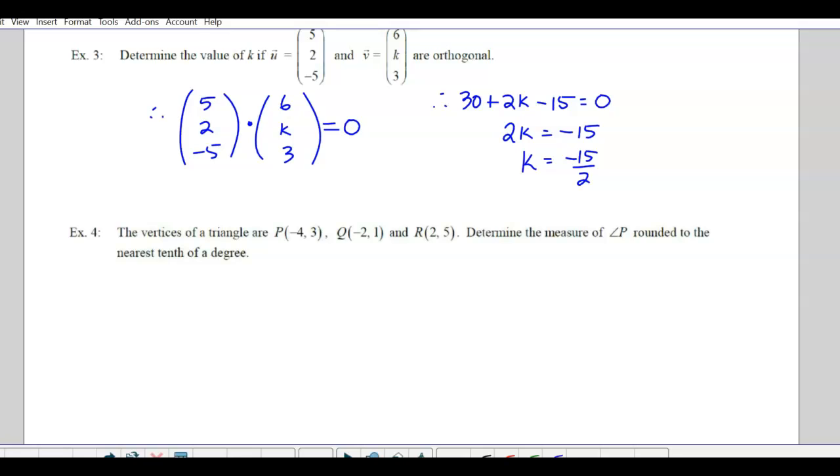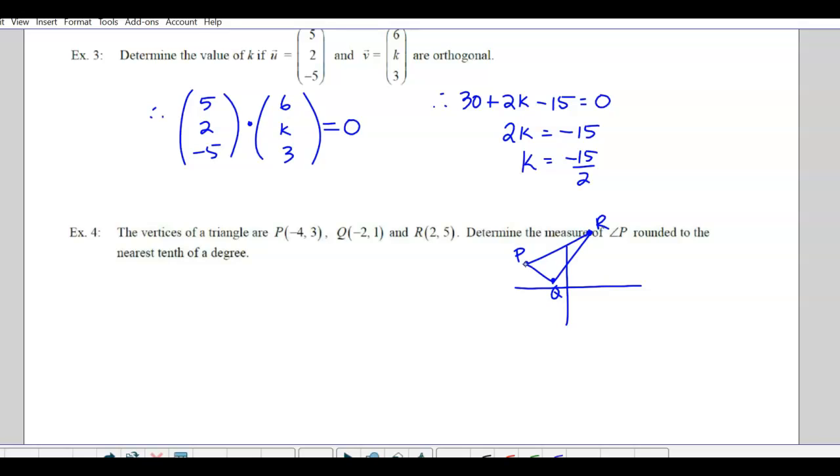Want to do a little sketch for the next one. So vertices of a triangle. So negative 4, 3, negative 2, 1, 2, 5. Those are the vertices of a triangle.